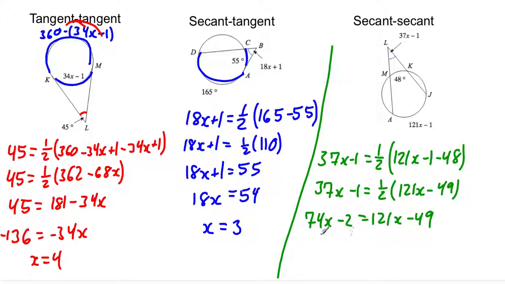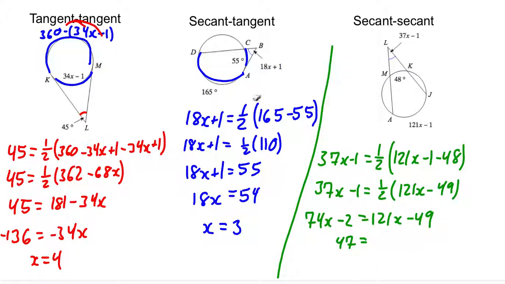If I combine my like terms, if I subtract 74 from both sides, I'm going to get 37x is equal to, if I add 49 to both sides, I'm going to get 47, and something tells me I added that incorrectly. Yes.